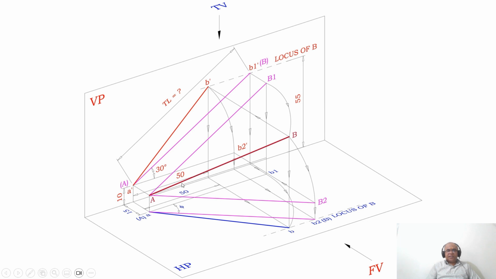So with A as center, taking the radius of AB, you draw an arc. That means you are rotating such that B also will be above HP by 10 mm.